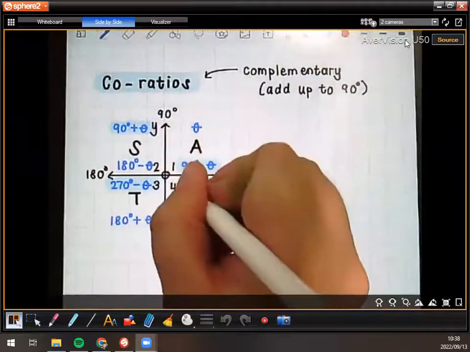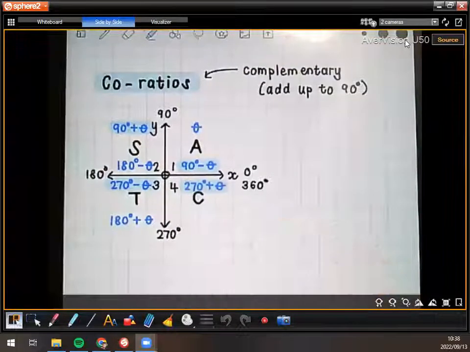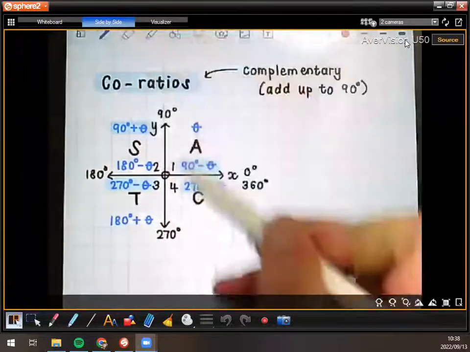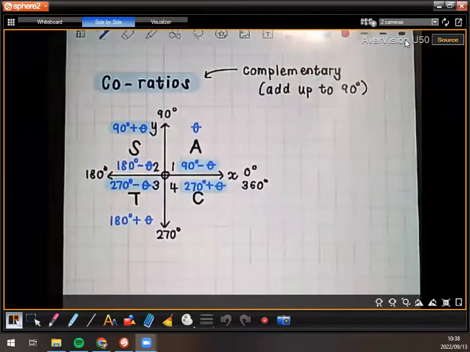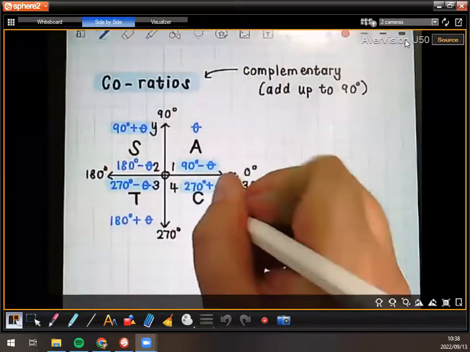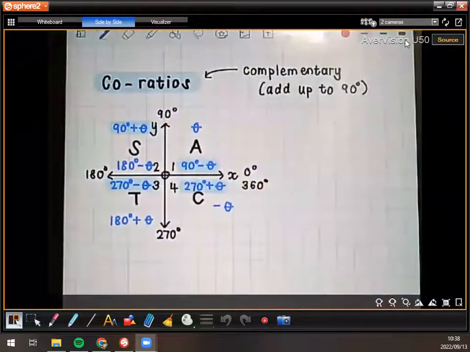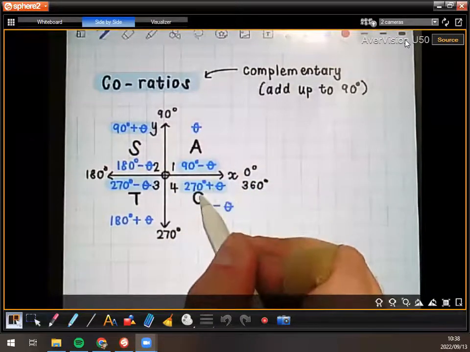Plus theta, good. So I could say 270 plus theta. Again, the 270s are not in the syllabus, so you won't have to do a question with those, but just for the sake of completeness. What other angle would give us quadrant 4? Minus theta in this case, and then there's one more: 360 minus theta.